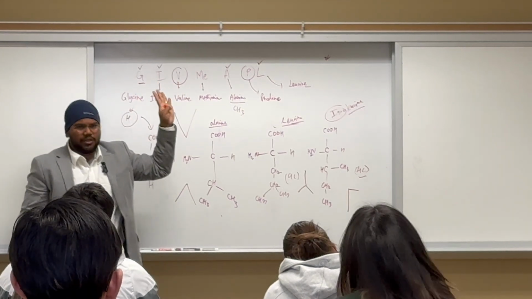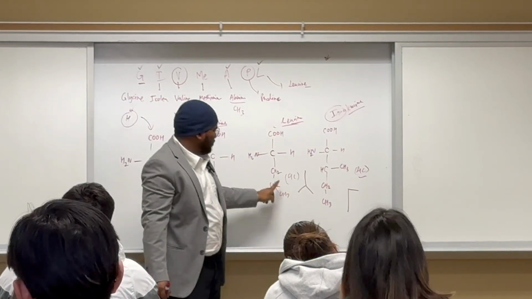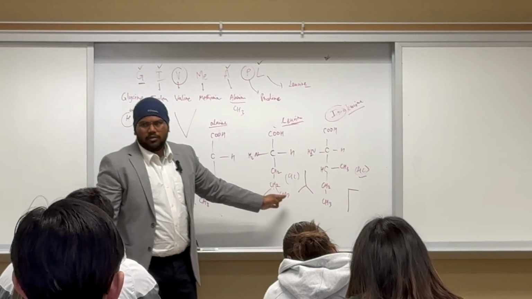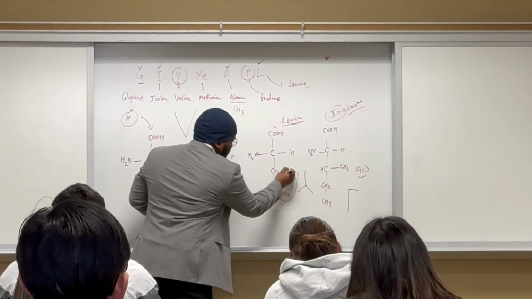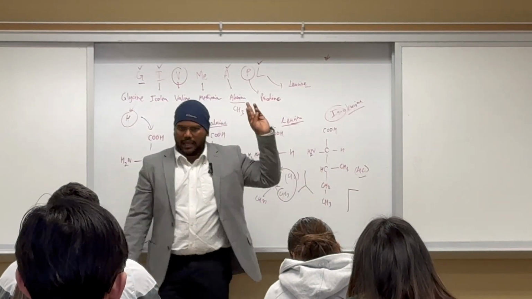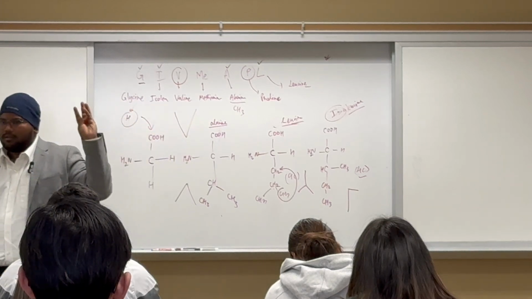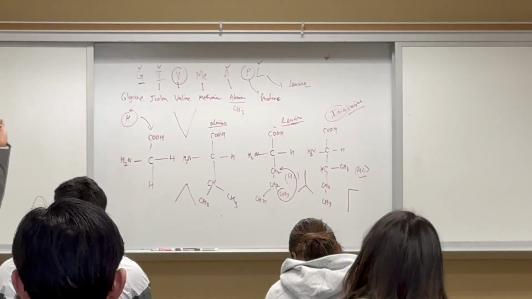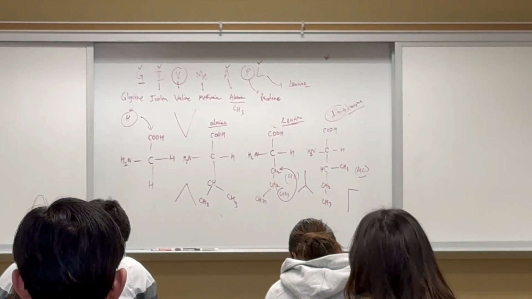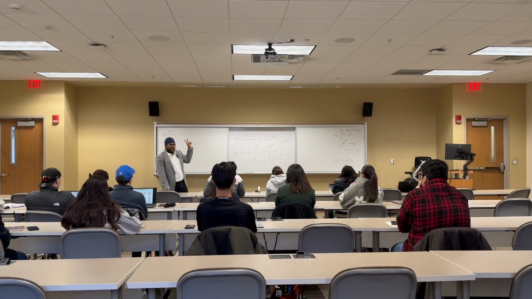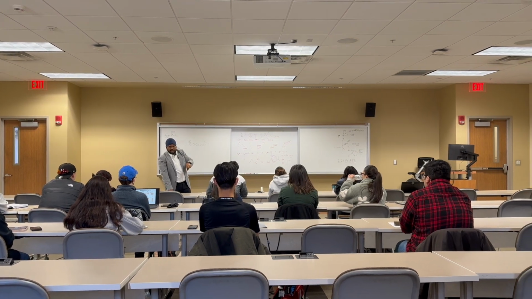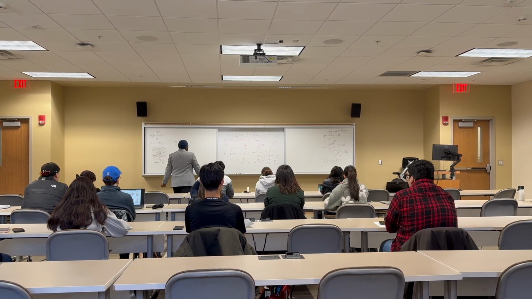Then leucine, 4 carbon, 1, 2, 3 and 4. Isoleucine is an isomer of leucine, so you will shift this over here, and this is isoleucine. Valine is opposite V, inverted V, CH, CH3, CH3. And then the last one is proline.